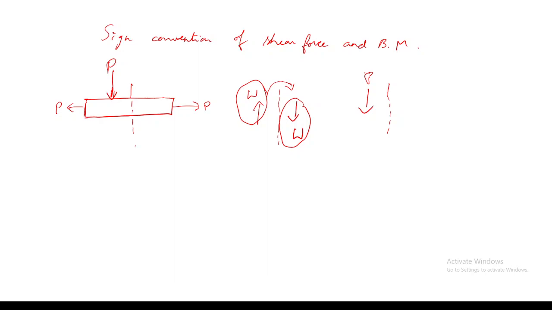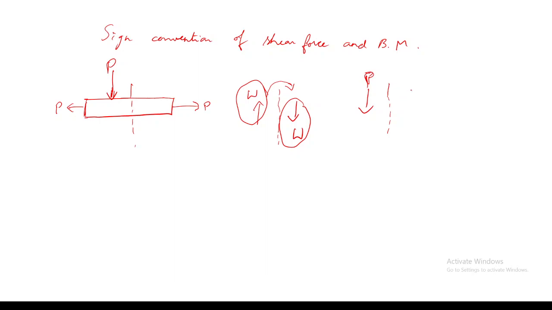In many references, I have seen sometimes they use this kind of load as a positive load. Yeah, it can vary actually. Once you are set with a particular sign convention, you have to stay with that sign convention for all the problems.